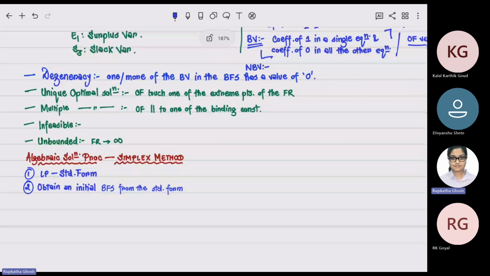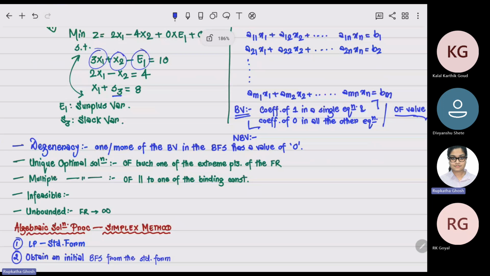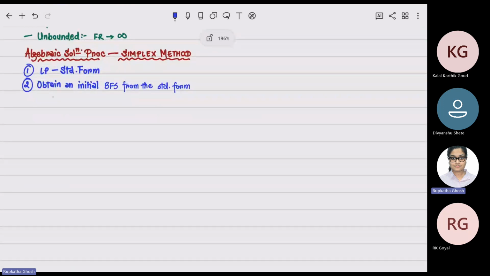for example, let's say here you don't have a basic variable because none of these variables have a coefficient of 1 in one equation and 0 in all the other equations. So just note it down.